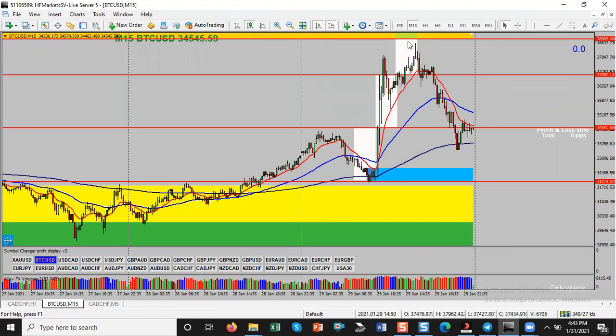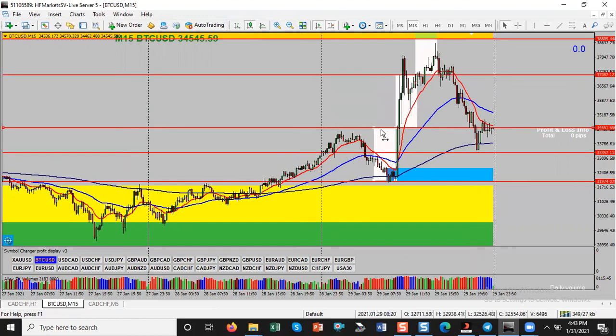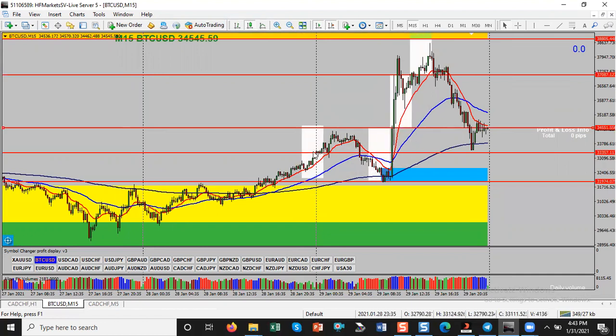At the end of that point, it's above the supply zone. So that's 1 to 1.5. This is 1 to 1.5.